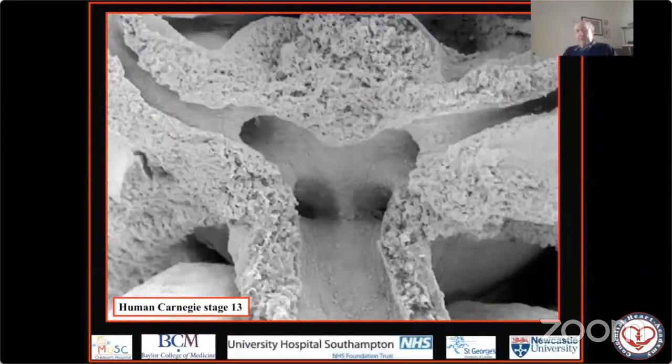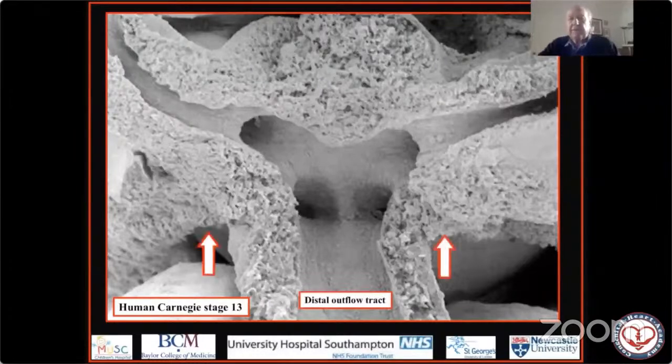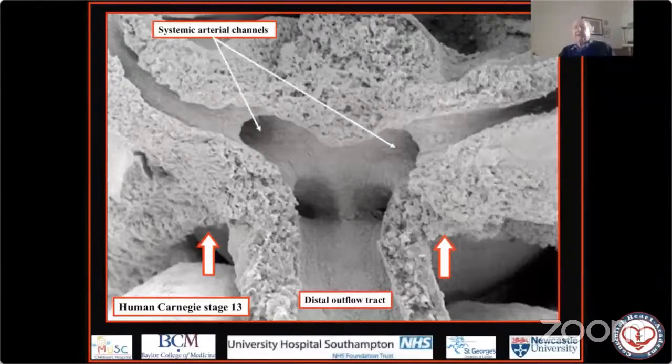He collaborated with my colleagues in Amsterdam, produced this exquisite dissection that is shown to you by a scanning electron micrograph. And there you see the distal outflow tract, and there at the margins of the pericardial cavity, it is giving rise to the aortic sac.